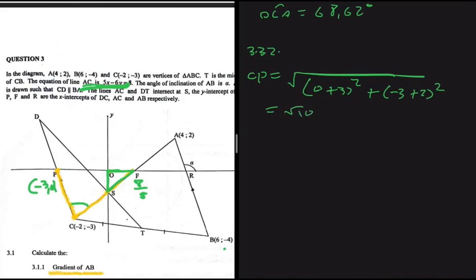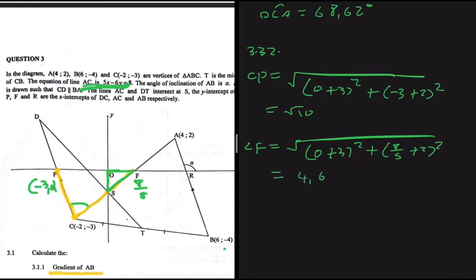So now let me do CF. Let's take F as the second point. We're going to have 0 plus 3 squared plus 8 divided by 5 plus 2 squared, right? CF, I'm getting 4.6861.